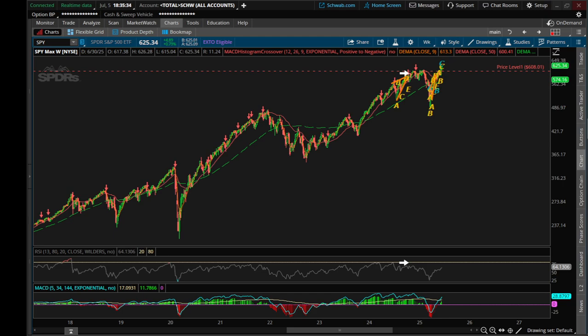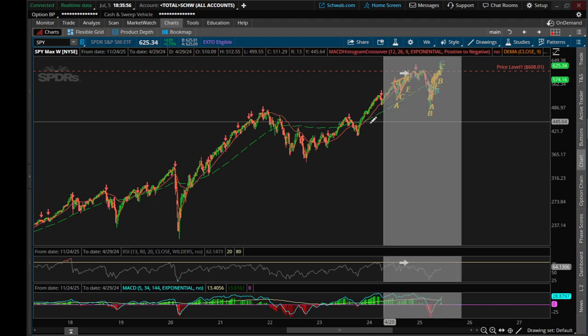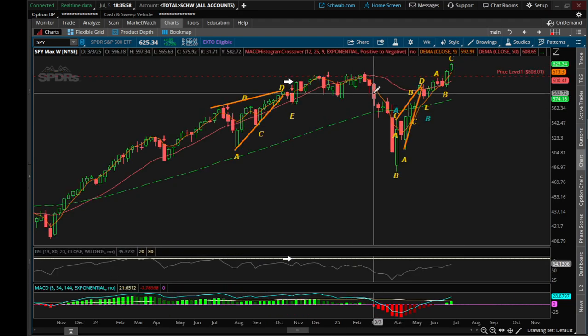So by now everybody should recognize this chart here for the SPY. This is the V recovery from COVID. Our correction here in 22. Our impulse up here in 23. And we had a couple of pullbacks here in early of this year.